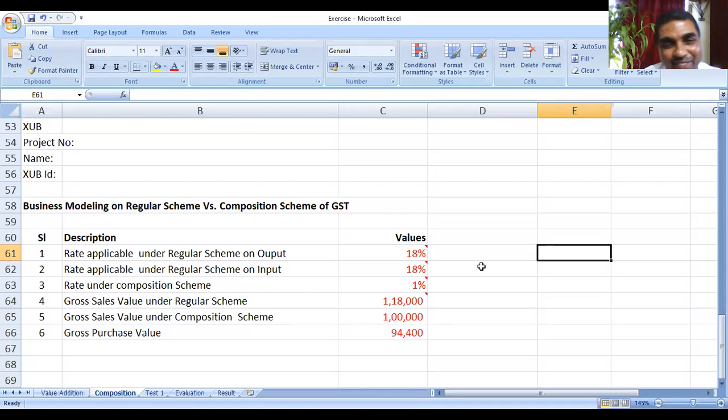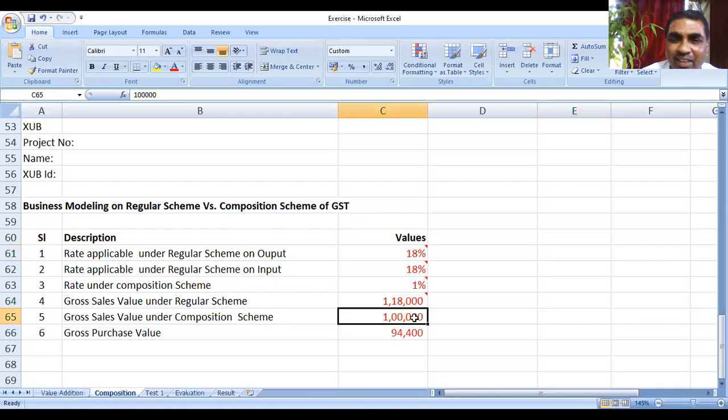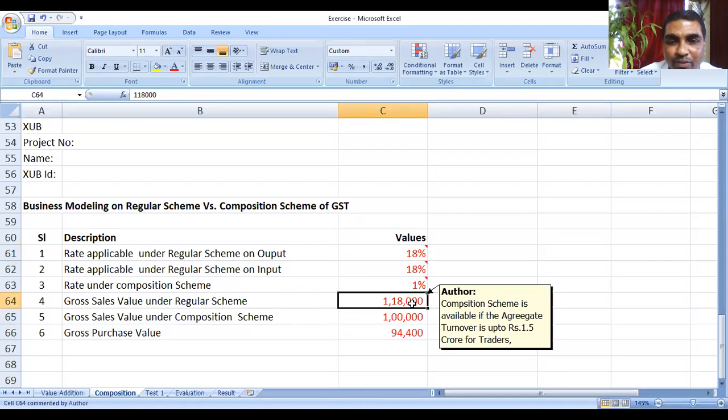Actually, we should give a comment elsewhere because the entire project will not be applicable if the aggregate turnover is above a limit. Here it is a turnover of a particular. Here also we can give the same comment. Yes, sir. As you rightly pointed out, we'll introduce that point again.